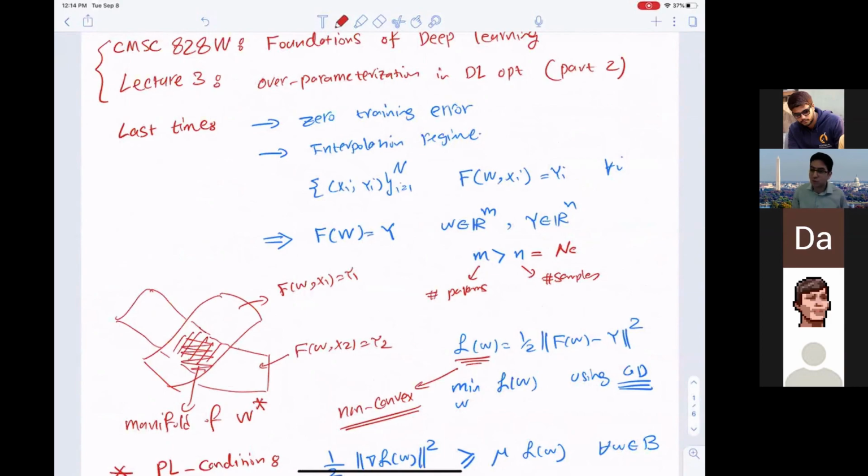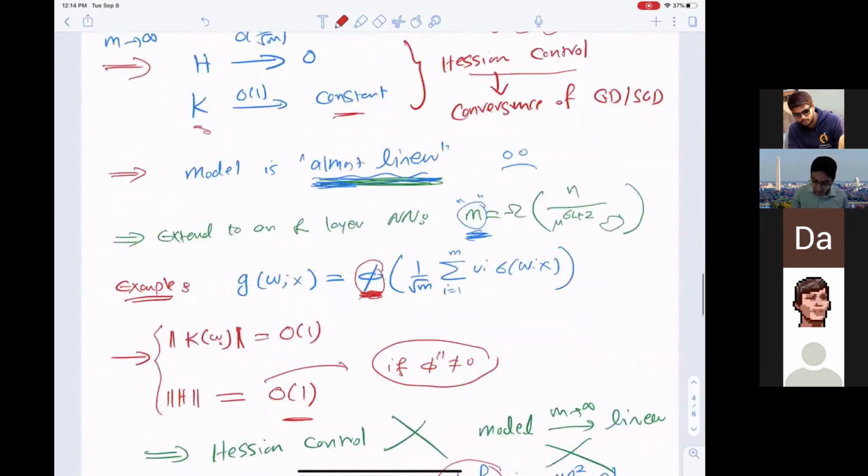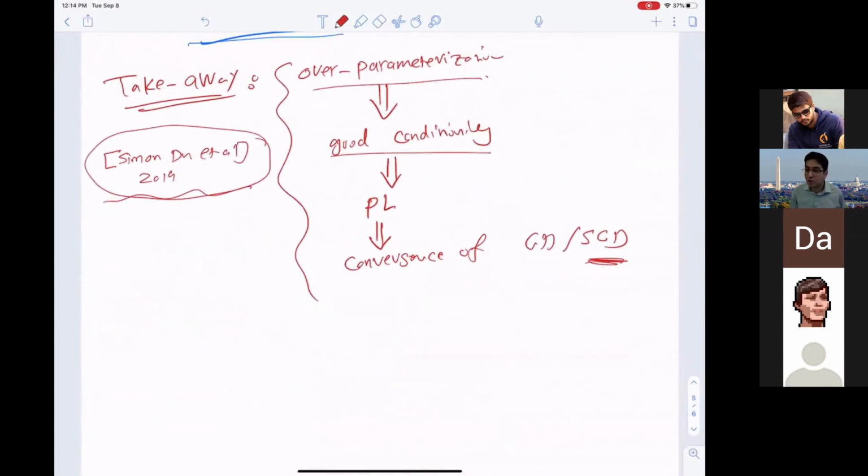So which of these solutions are we going to find, and would those solutions have some good biases that may perhaps improve generalization? And that would be a good transition to the generalization lectures and understanding why we have good generalization, even though the number of parameters can be larger than the number of samples. All right, so with that, let me take questions.